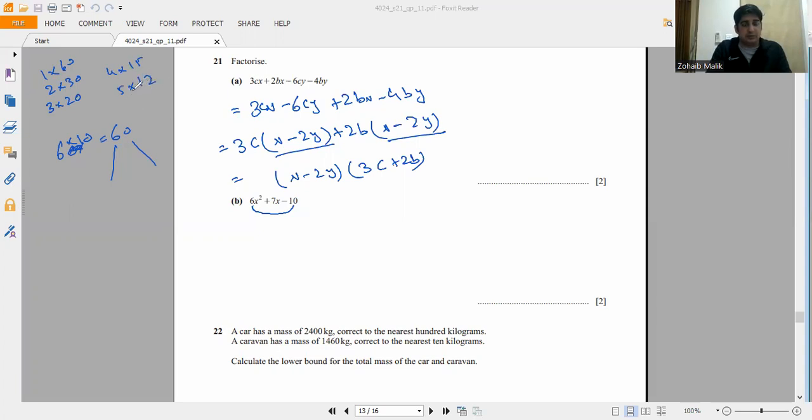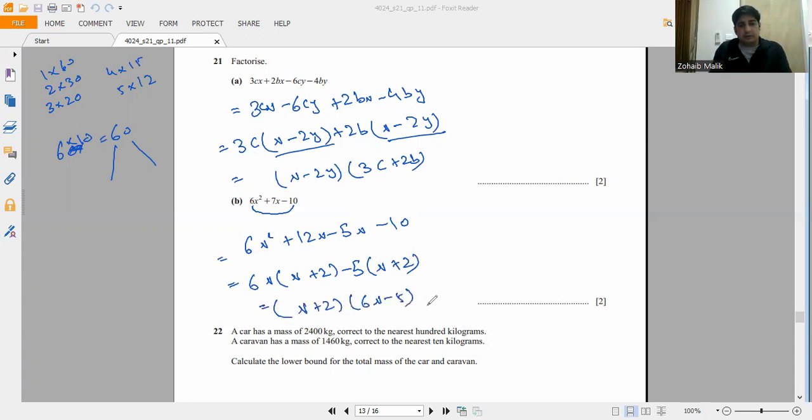So here I go 5 into 12. 6x square plus 12x minus 5x minus 10. So 6x is common, so this will be x plus 2. 5 is common, x plus 2. And the common factor is x plus 2 into 6x minus 5. So this is the final answer.